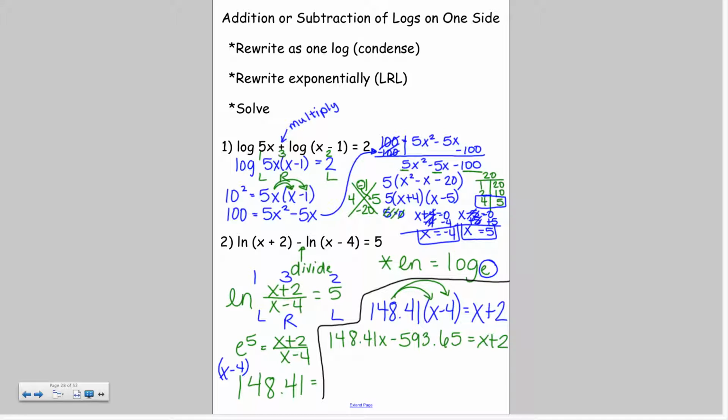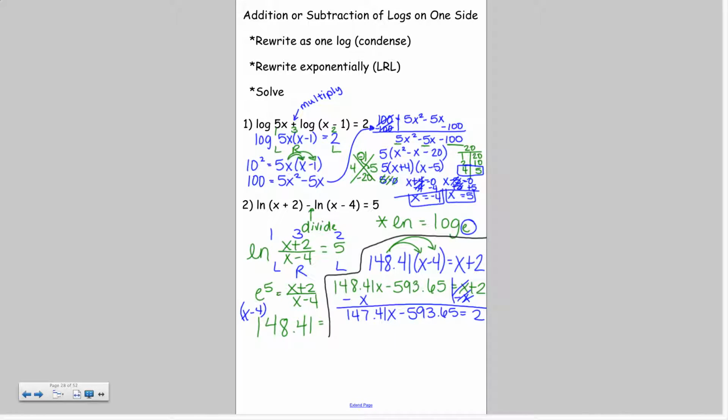Okay? So, combine like terms, I'm going to subtract x from both sides. So minus x. So first thing I'm going to do. That's going to leave me with 147.41x minus 593.65 is equal to 2 because x minus x is 0. Now, I'm going to take and I'm going to add 593.65 to both sides.